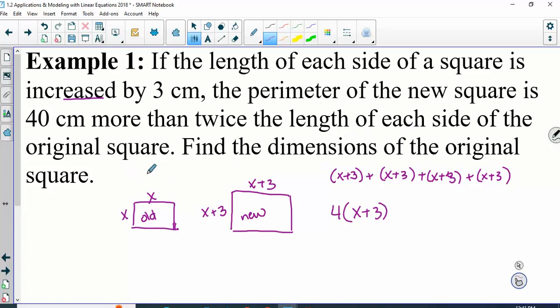So the perimeter of the new is, in a word problem, what does is mean? 40 centimeters more than. What does that tell me to do? Twice the length of each side of the original.